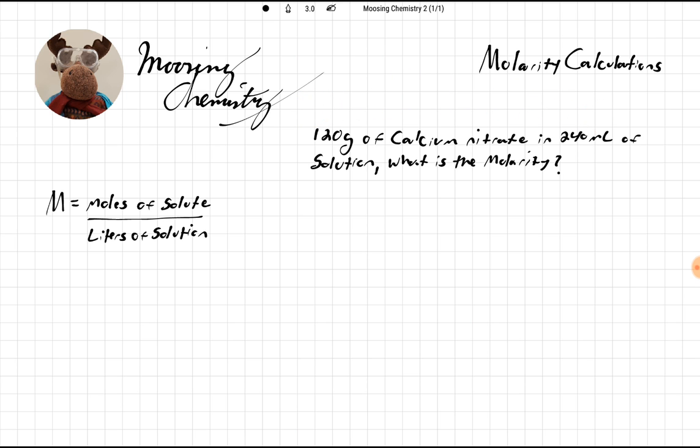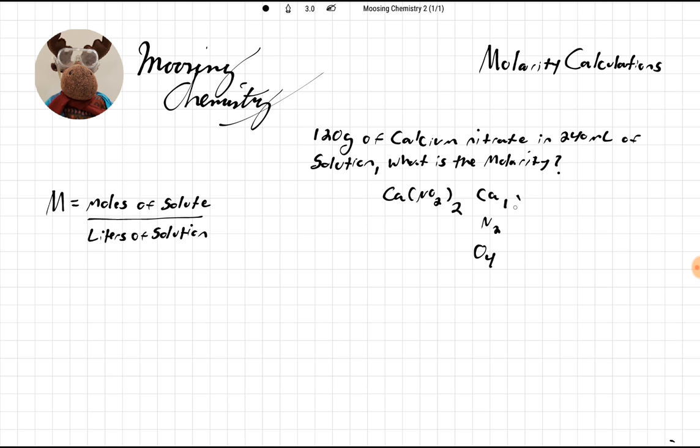All right, so the first thing I want to do is this. Calcium nitrate. Okay, that's CaNO2. Now we need to find the molar mass of that. So we go Ca, we have one of those, we have 2 nitrogens, and we have 4 oxygens.